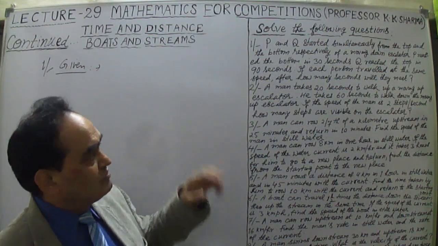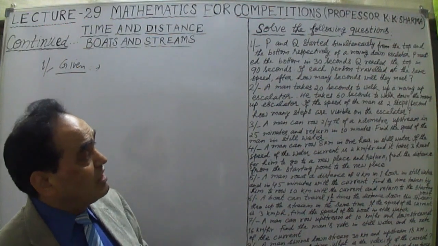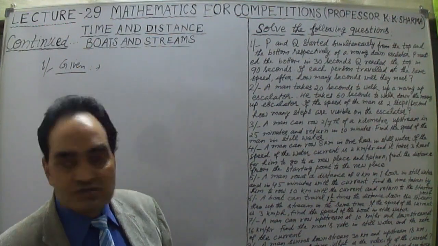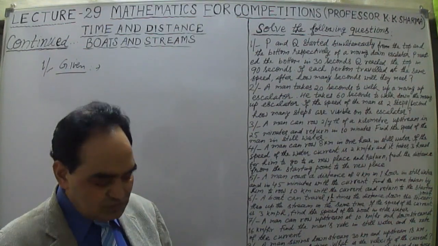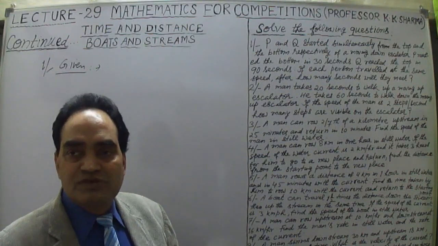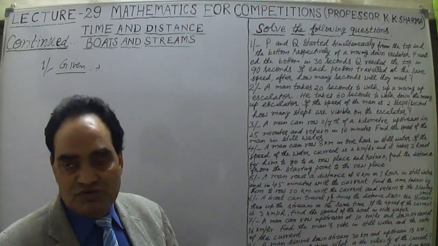Now come to the point. What do we find out then? After how many seconds will they meet? First of all, we have to find out how many steps there are in the escalator. We will calculate that.